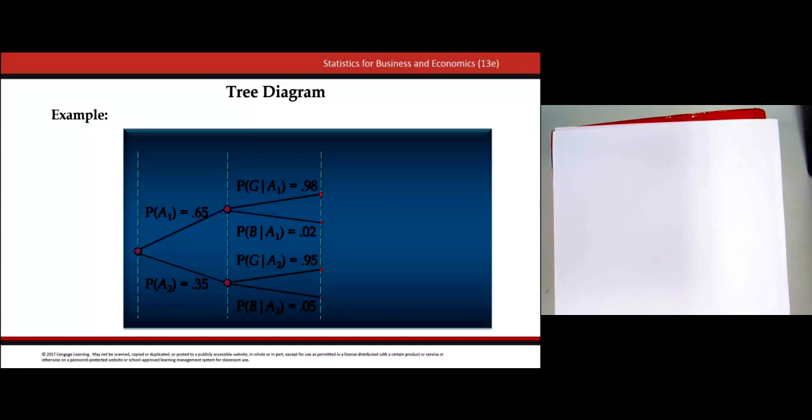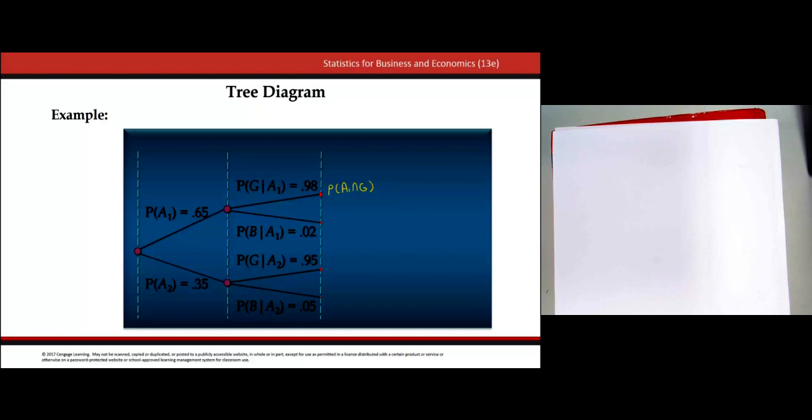And it can be bad and come from supplier 2. So we have 4 outcomes. And how do we calculate the probability of those outcomes? Such as this one, A1 intersect G: the part comes from supplier 1 and it is good.